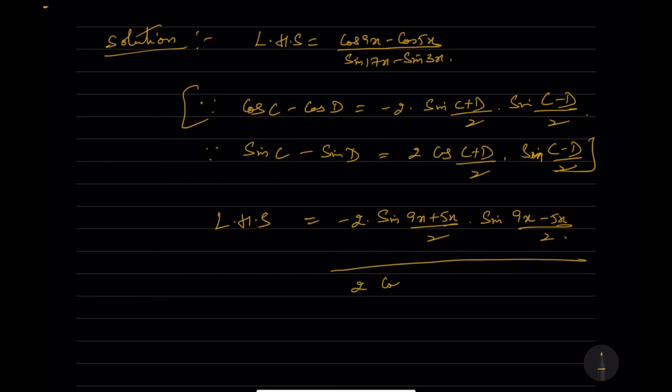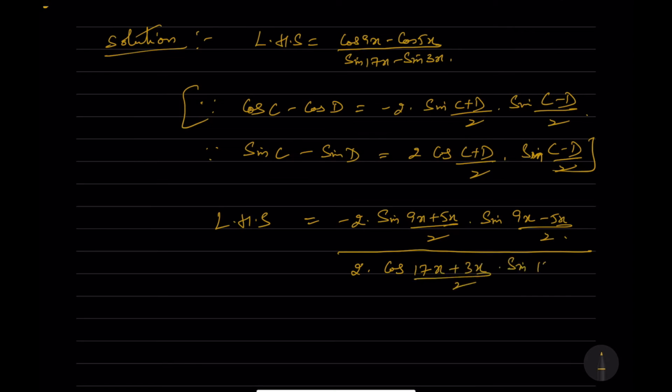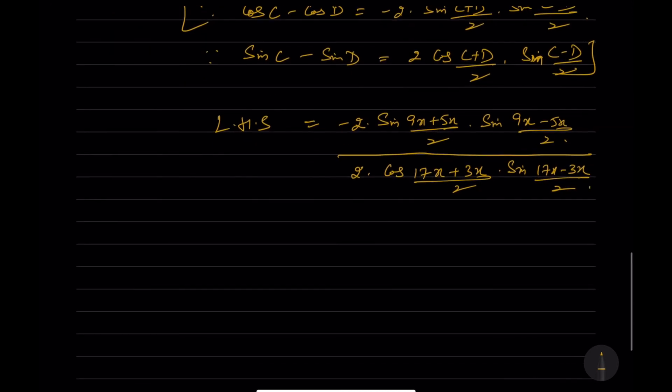2 into cos of (17x plus 3x) by 2 into sine of (17x minus 3x) by 2. So here 2 can get cancelled.